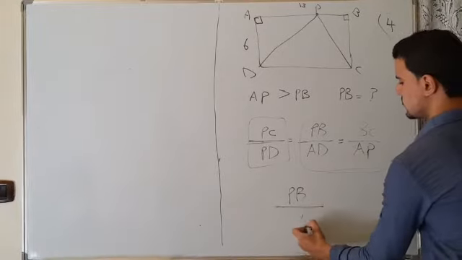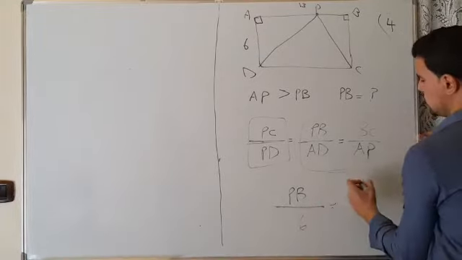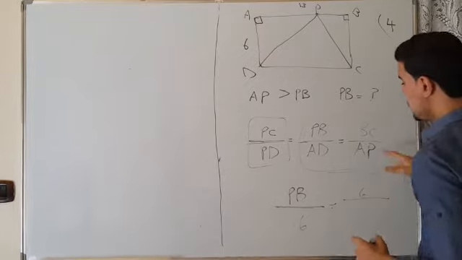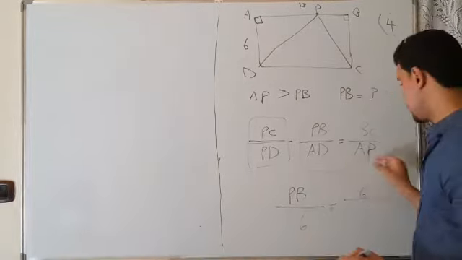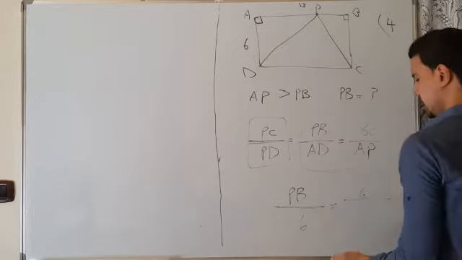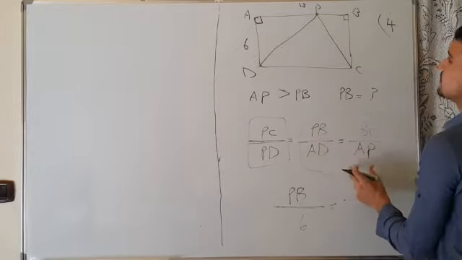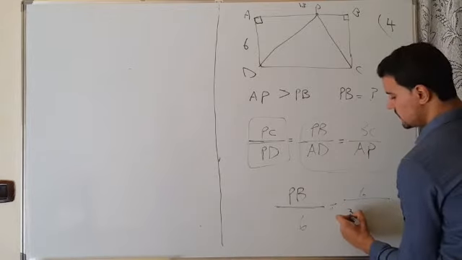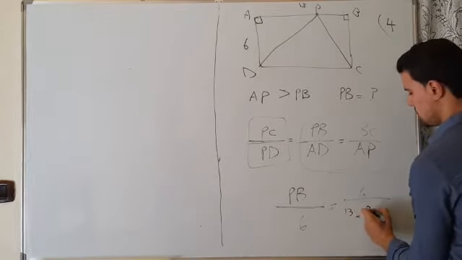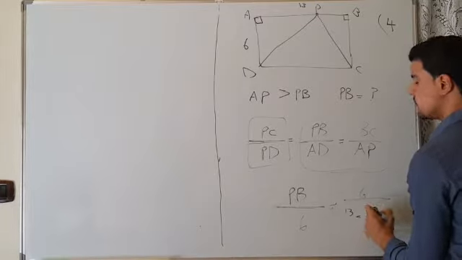AD is 6, that's good. BC is also 6. AB, I won't try just AB. It's AB, but it's not a new variable. If I know PB, I would know AB. But how are they related exactly? Their sum is 13. So AB, I will write 13 minus PB. That's how you do it.